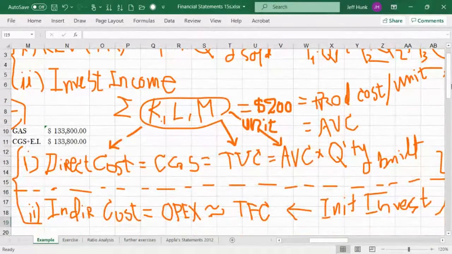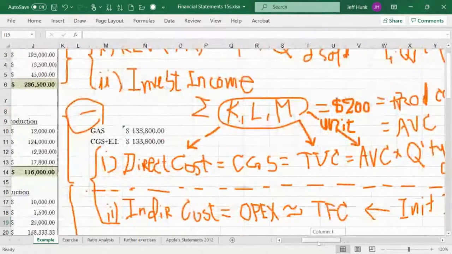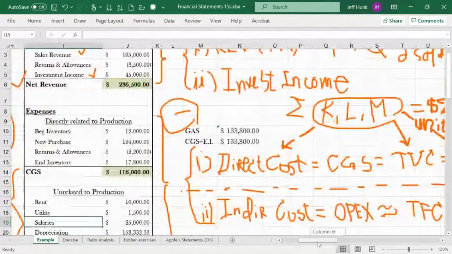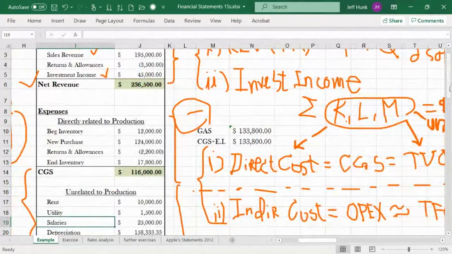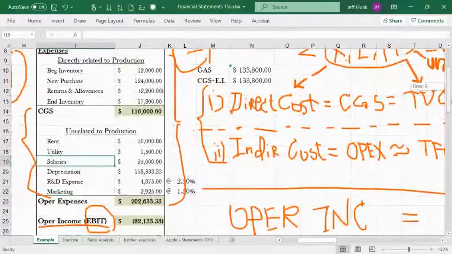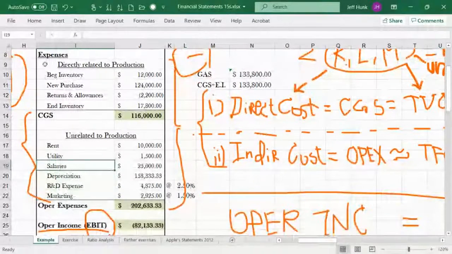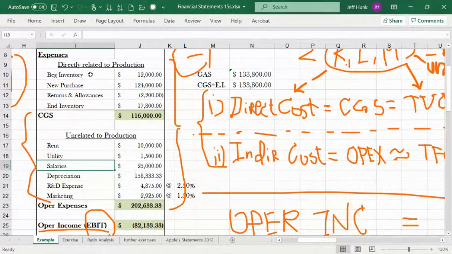And then next is indirect cost, which is also called operating expenses or OPEX. In the expenses section, CGS is the conclusion of direct cost, in other words, cost that's directly related to production.